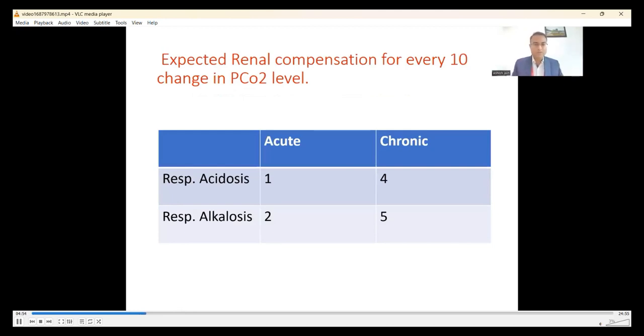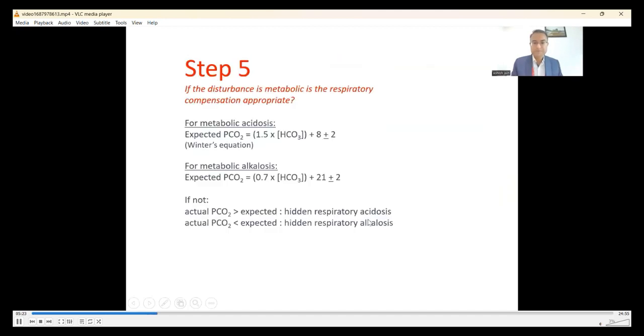For every change of 10 in PCO2, whether high or low, the renal compensation for bicarbonate will be 1 and 4 in acute, and 2 and 5 in chronic. In acute cases, when the time is short, the kidneys have not yet started compensation completely, so the change in bicarbonate values is small. In chronic conditions, the kidneys have successfully compensated and the bicarbonate levels will be a little higher.